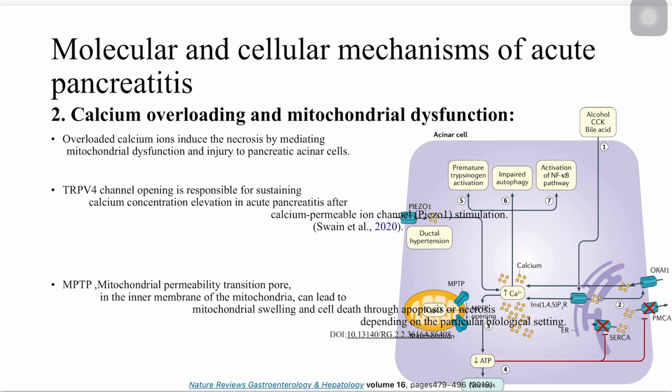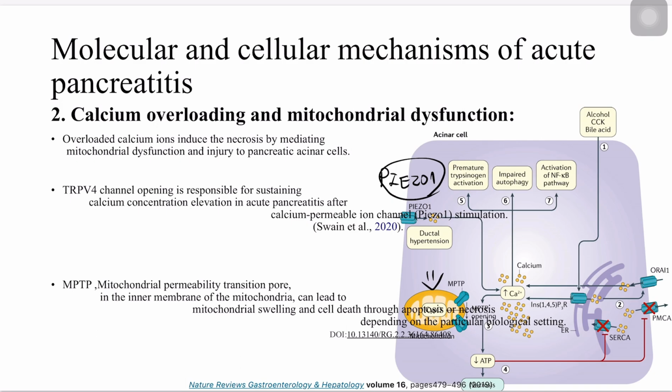It's very important. Sorry, because of the presentation, this part overlaps the text. Piezo-1 can open and calcium goes inside the cell. When the calcium increases inside the cell, it can cause dysfunction of the mitochondria.